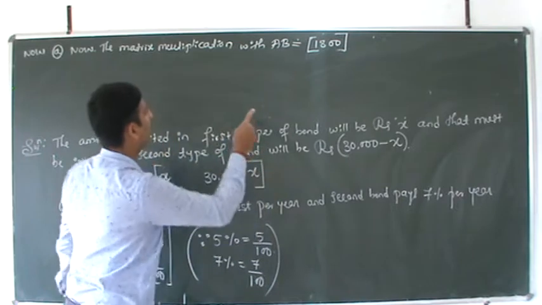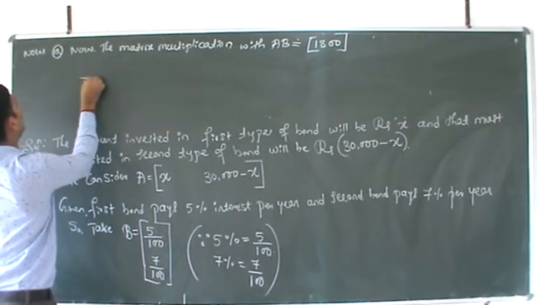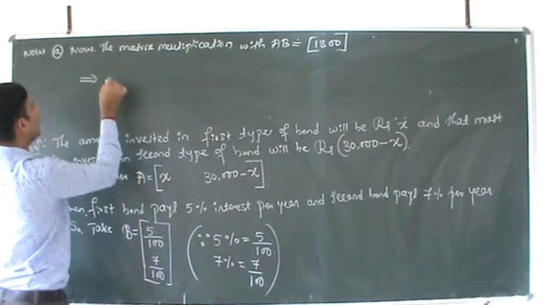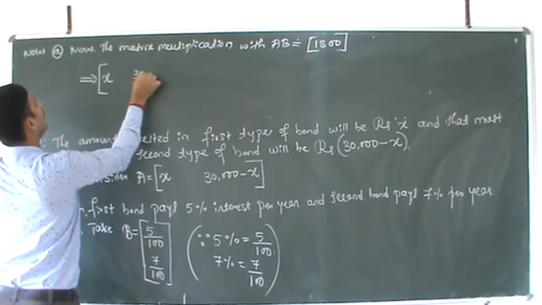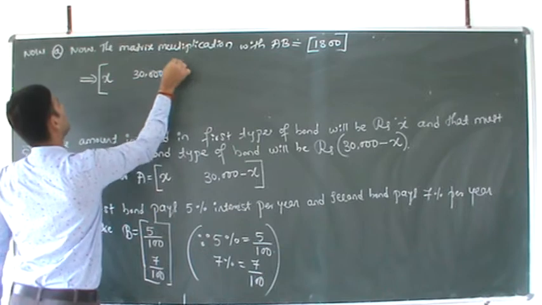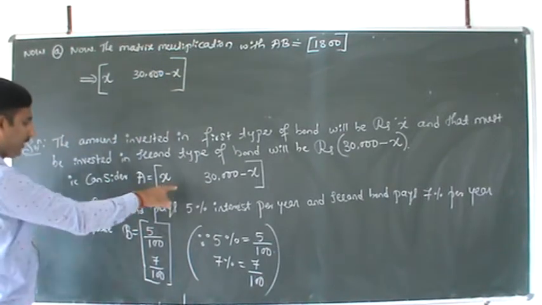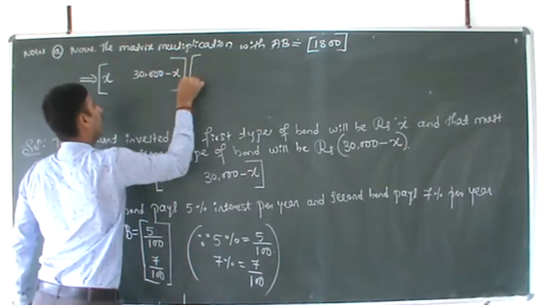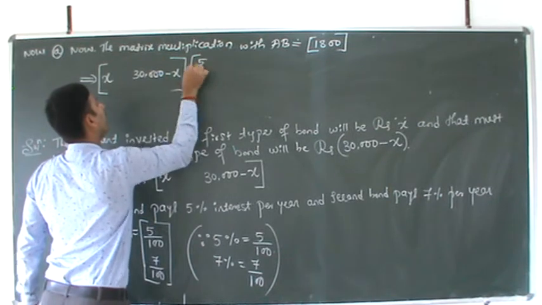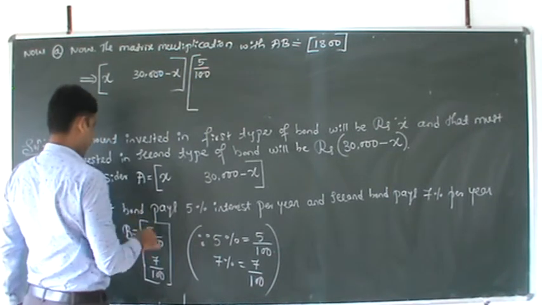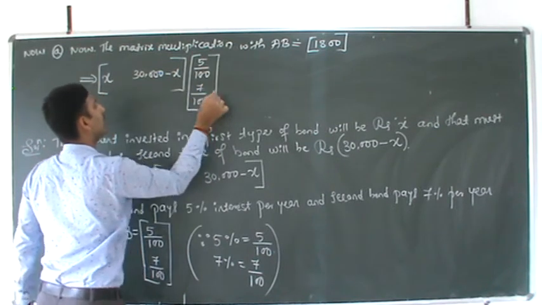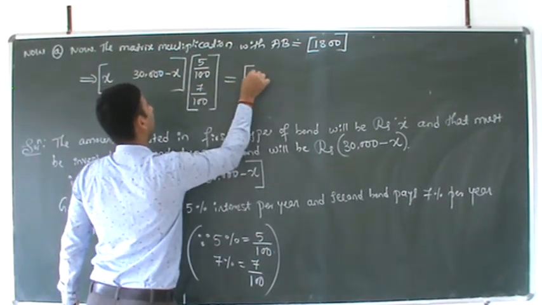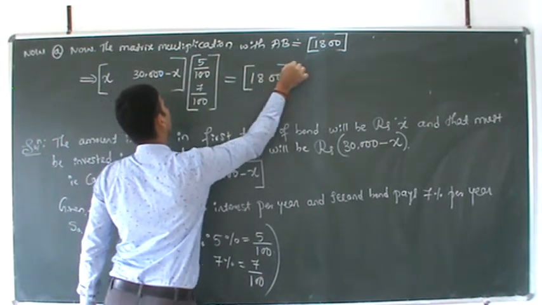Now, which implies matrix A is nothing but X, 30,000 minus X. You should equate with 5 by 100, after that 7 divided by 100, which is equal to matrix 1800.